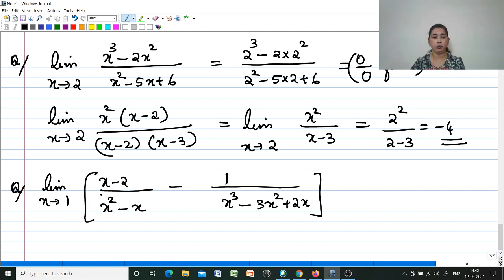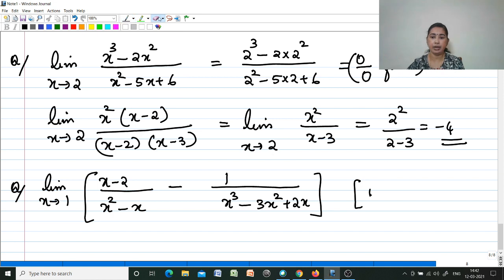Again if you are putting 1 over here, 1 minus 2 divided by 1 minus 1. So the denominator here is 0. Here 1 minus 3 plus 2, again 0. If the denominator is 0, we get a numerator also: 1 minus 2 is minus 1. So it is in indeterminate form or it is not defined.